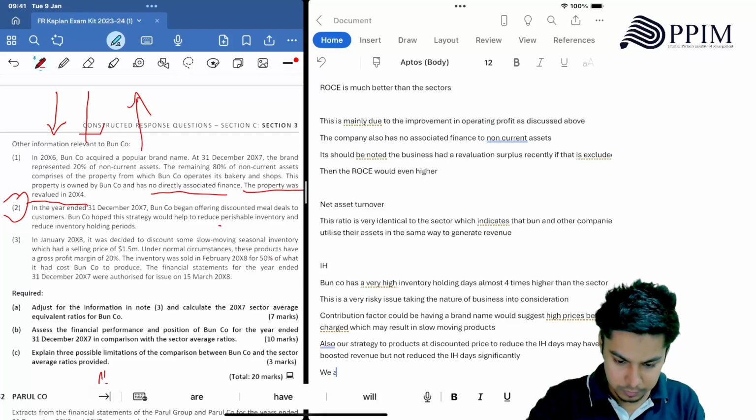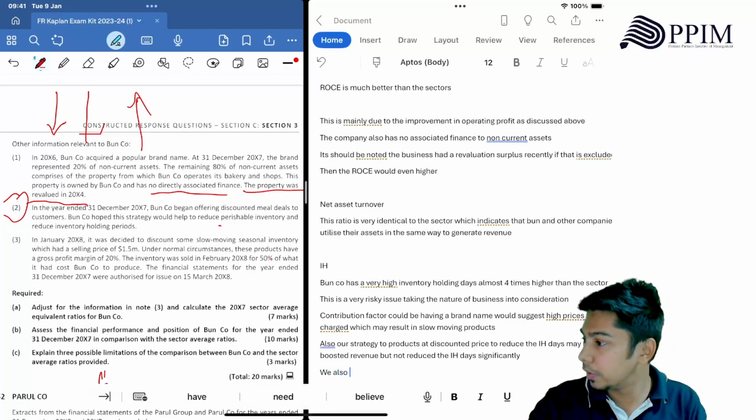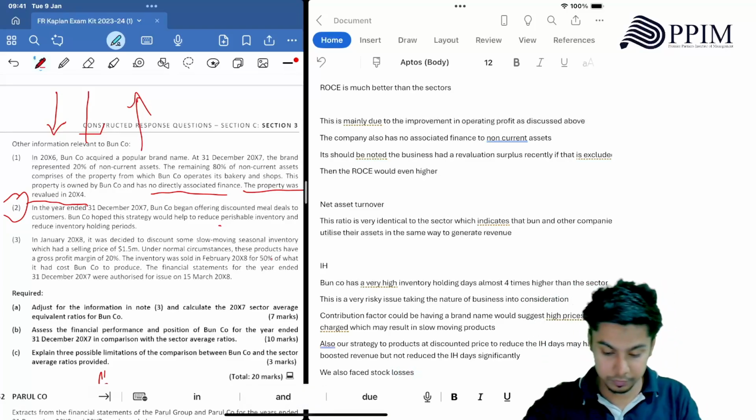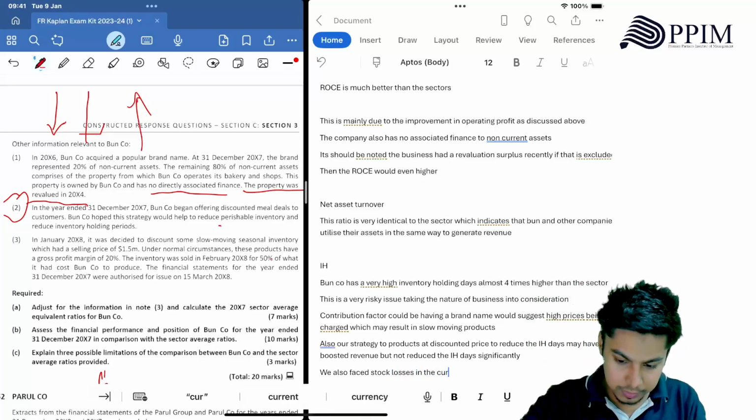We also faced stock losses in the current year.